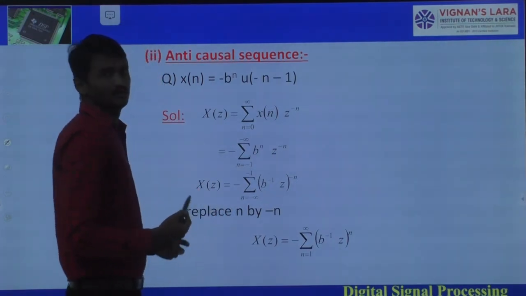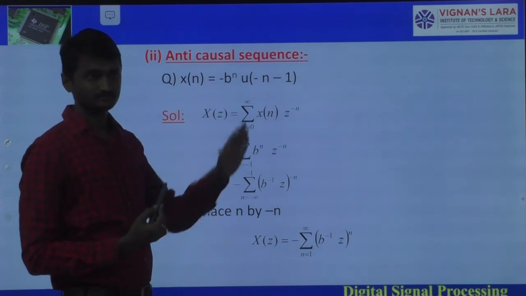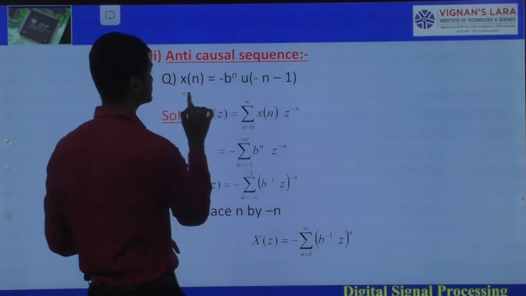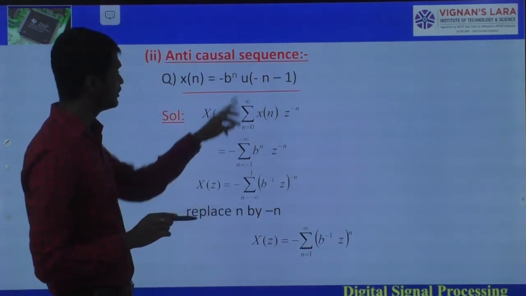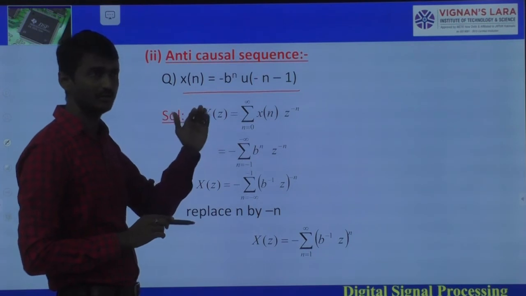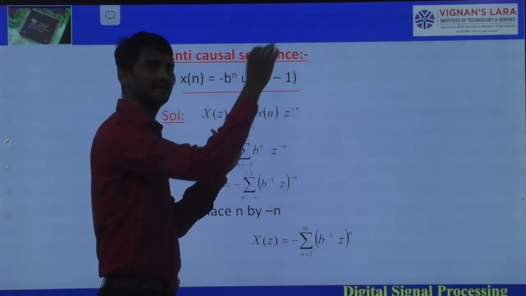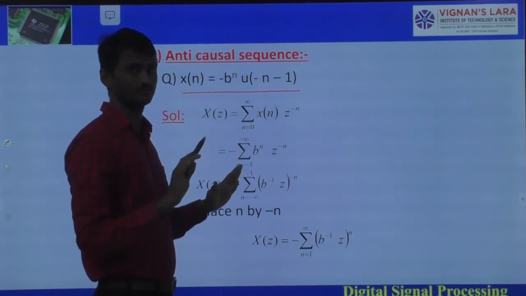Next, the anti-causal sequence. An anti-causal sequence is only defined for negative time. So x of n equals minus b power n into u of minus n minus 1. U of minus n minus 1 is defined only for negative time, that is from minus infinity to minus 1, where it is 1, and from 0 to infinity it is 0, right?